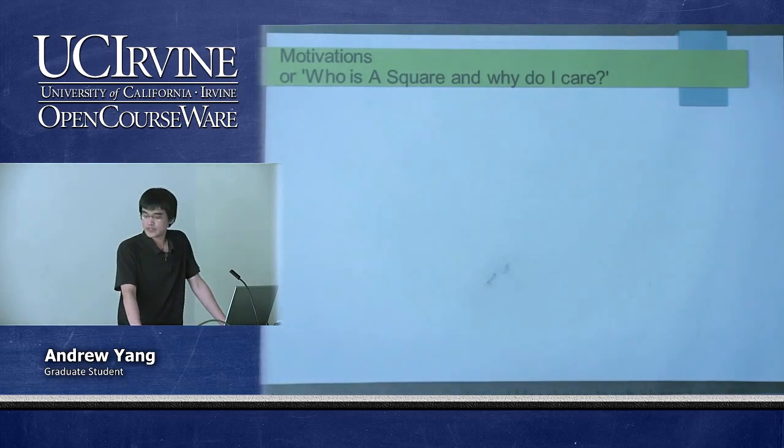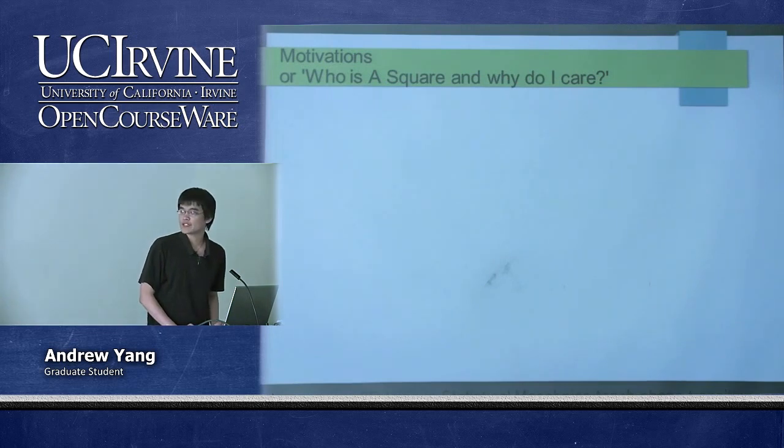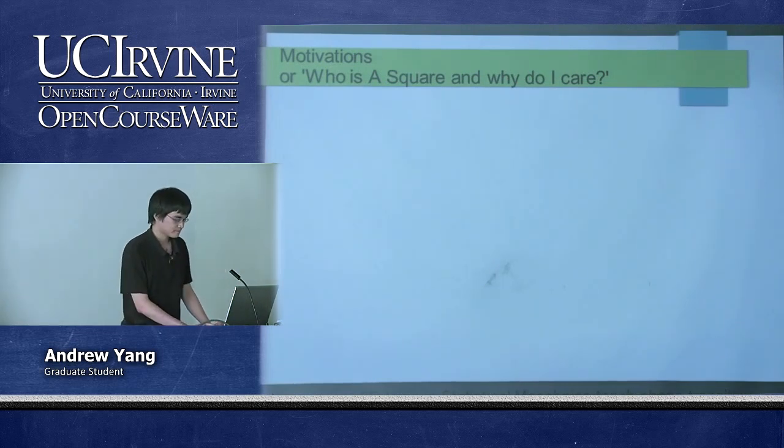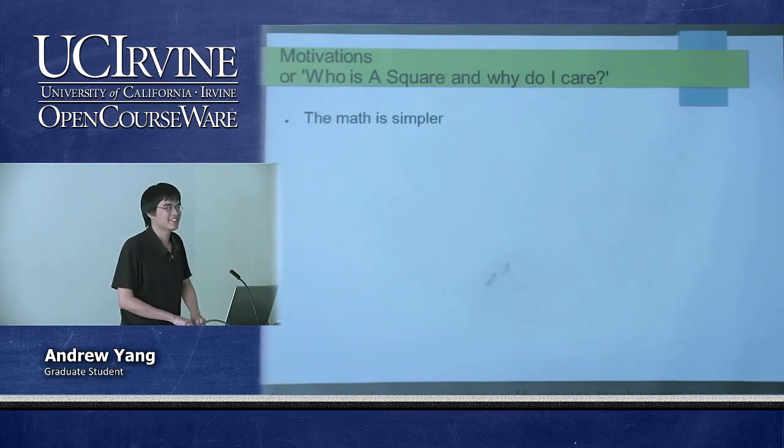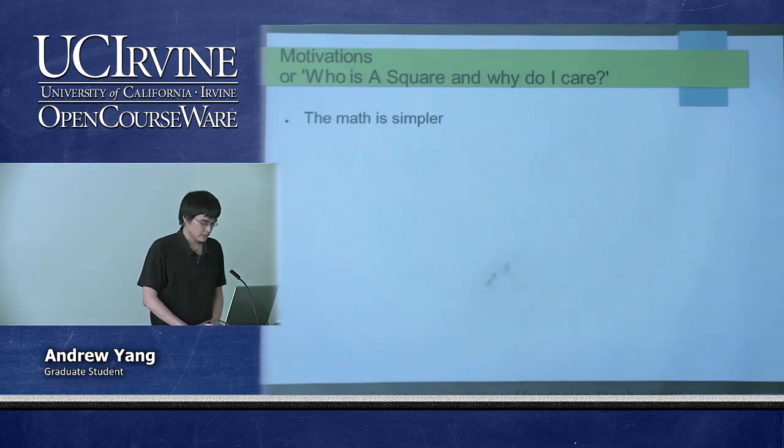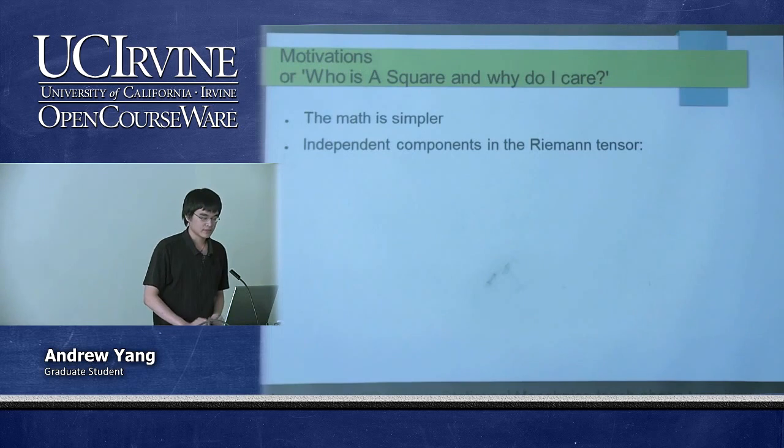So let's talk a little bit about the motivations, or why we would want to talk about gravity in dimensions other than 4. And the simple reason is the math is simpler. As an example, we can consider the independent components of the Riemann tensor.